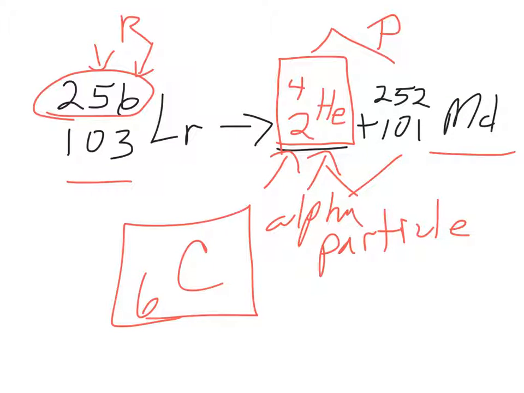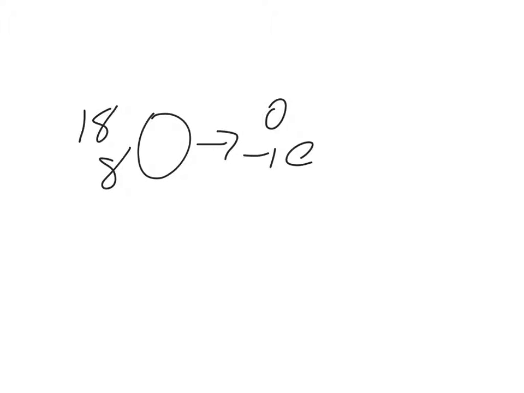Okay, we see that? Do we need to do another example? One more? Okay, let's do another example. Let's do an oxygen with an 18 mass, with my beta.